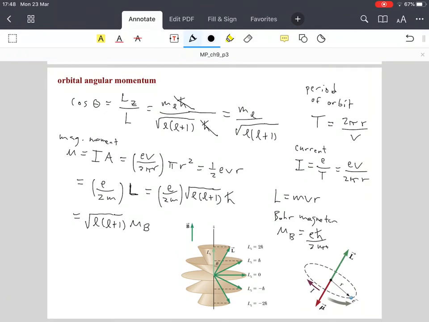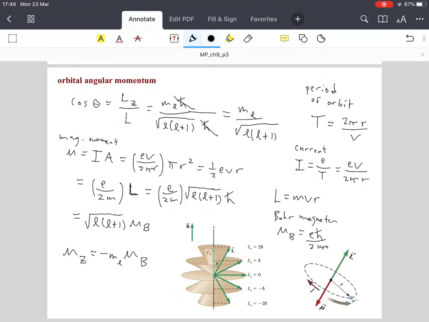And if we're looking at the z component, then we can simply say that if we have this relationship here between mu and L, and we saw that Lz was in terms of this quantum number m, then we can relate mu z, the z component of this moment, as equal to minus ml times mu b, where b is this constant, the Bohr magneton.